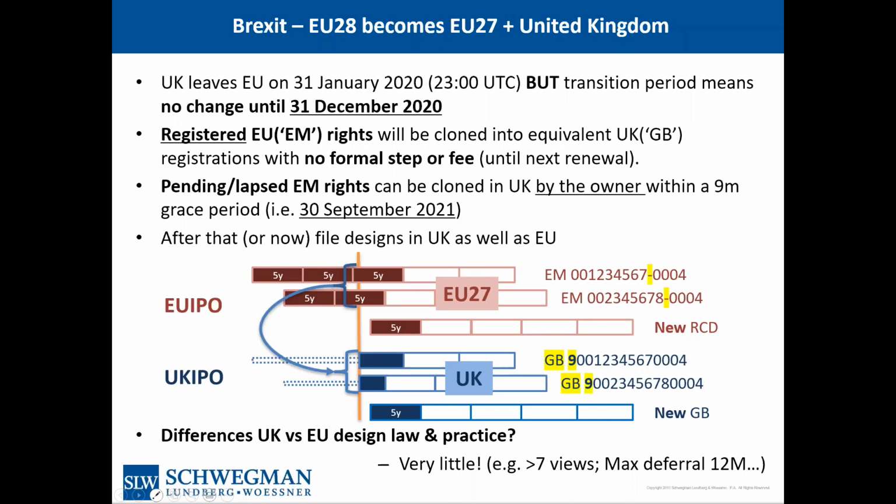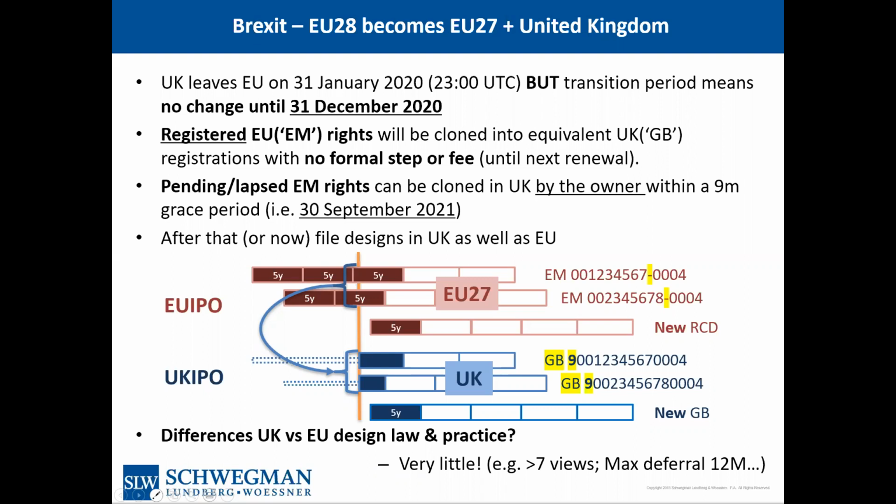Rushing along, we come to Brexit tomorrow evening. When I was writing this slide yesterday, the day before, the European Parliament had not ratified the transitional arrangements for Britain leaving the EU, so I was hoping I did not have to redo this slide today, but last night, as expected, the withdrawal agreement was approved by the European Parliament, and it will come into force tomorrow evening.